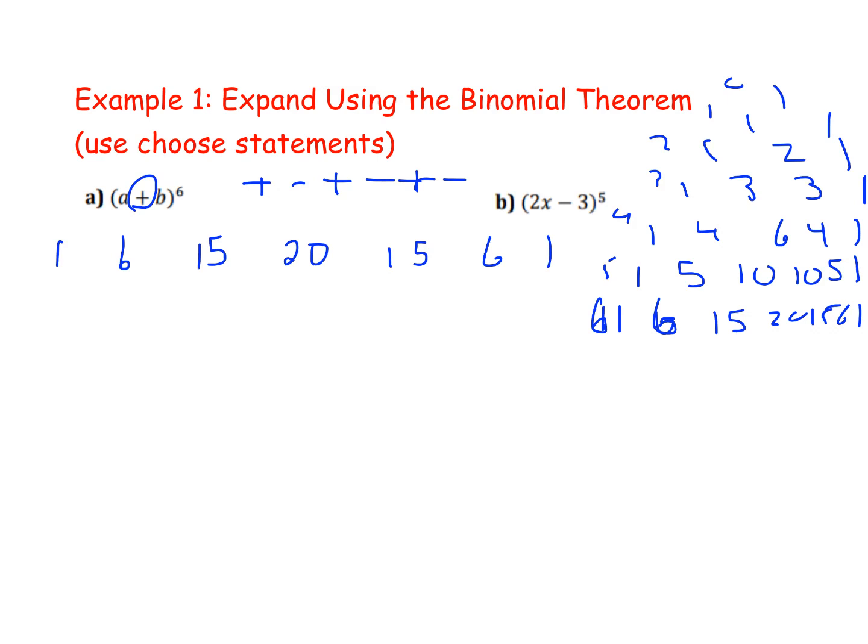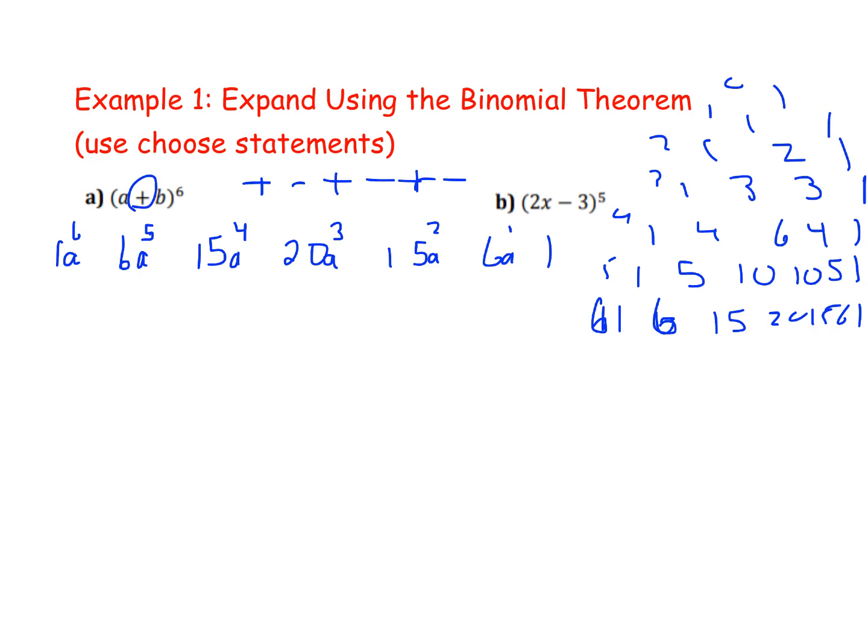So we're going to start with a to the 6. And then we know that the degree of our a base is going to go down each time. So we're going to progressively write in smaller and smaller exponents as we go down. We should run out by the end, and we're not going to write a to the 0 because that's just 1.